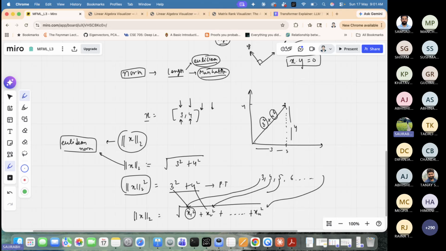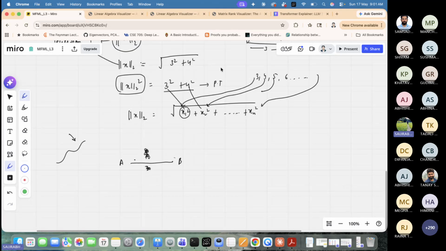Okay. So now, when I say the distance between A and B has to be similar, or that they have to be linear, there are certain axioms that these norms follow.